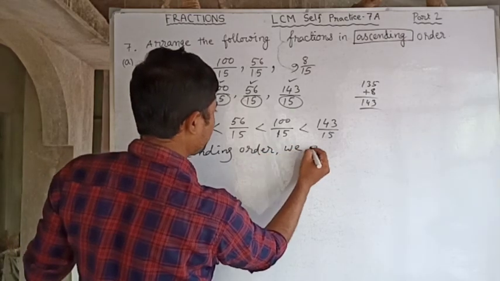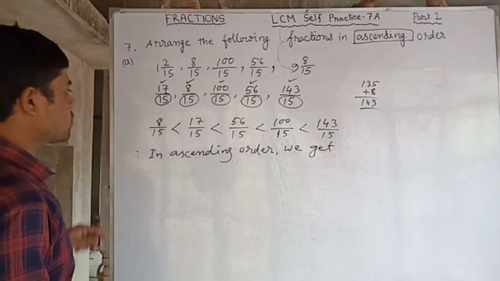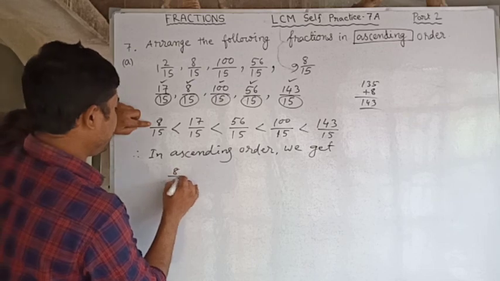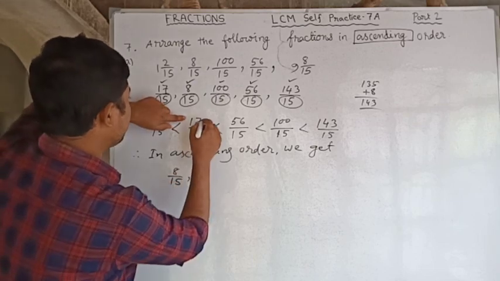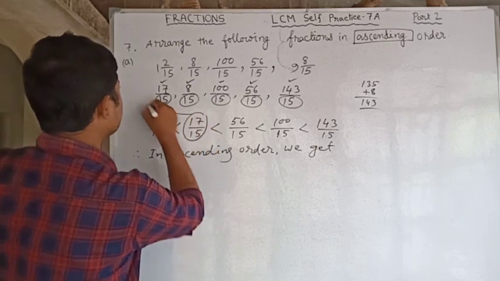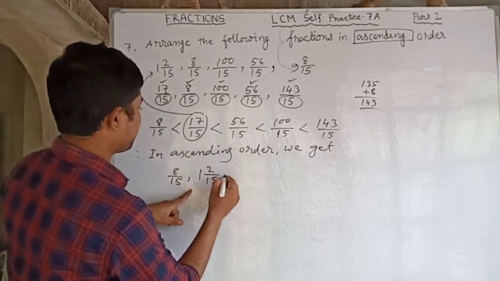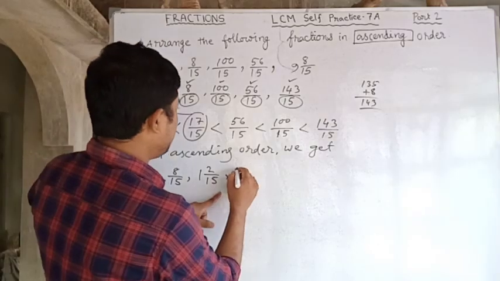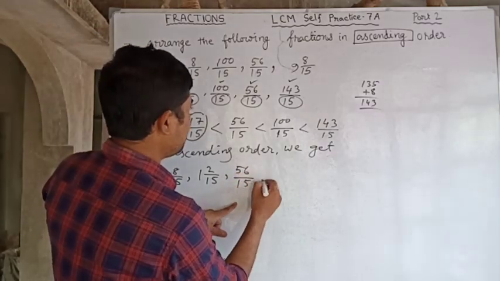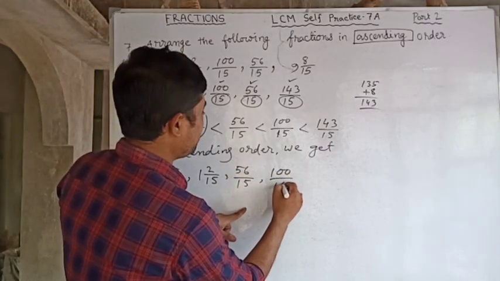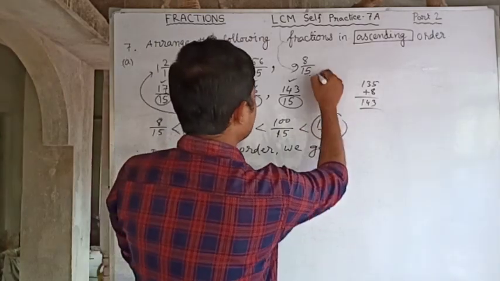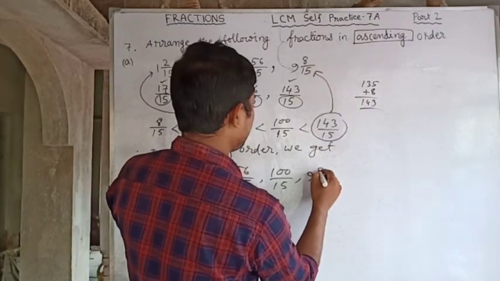Now in ascending order we write 8 by 15, then 17 by 15, but in the question it is given in this form, so you write the given form here, then 56 by 15, 100 by 15, and so on.